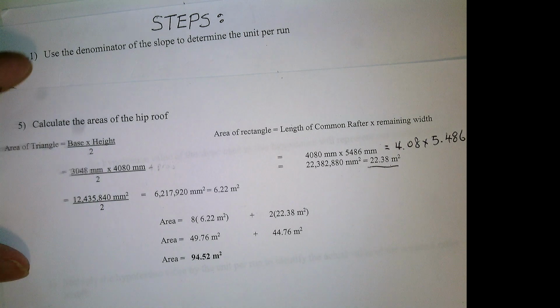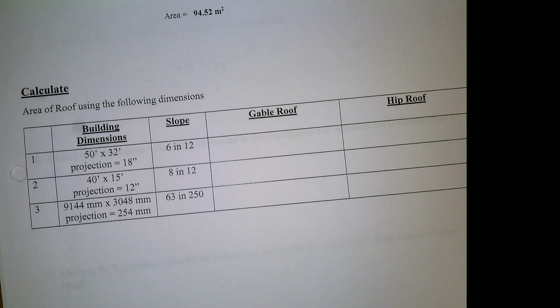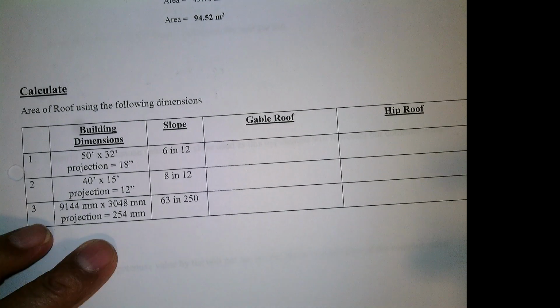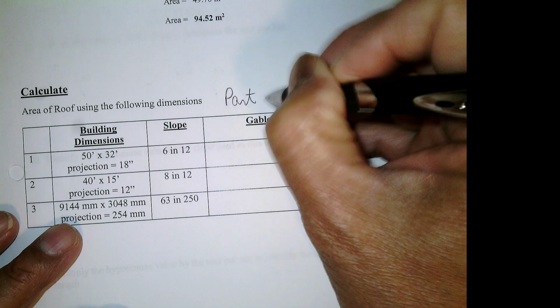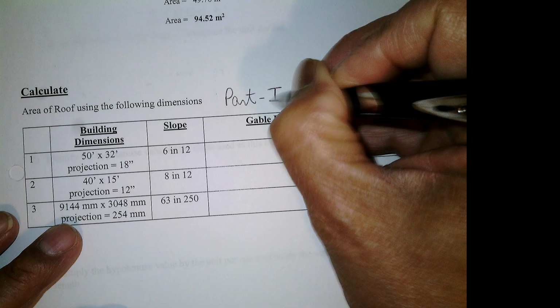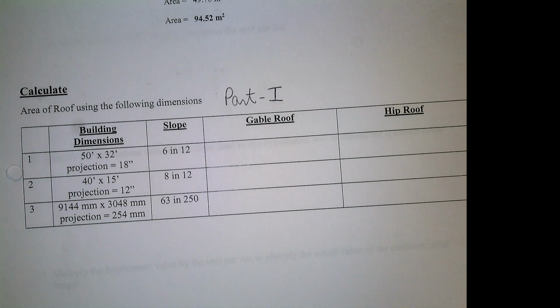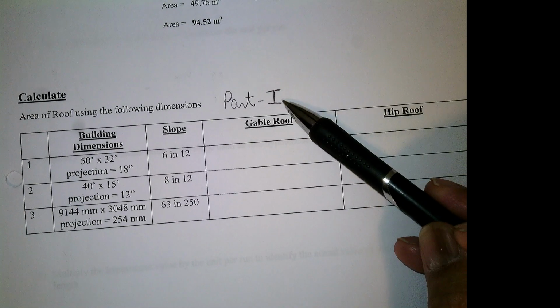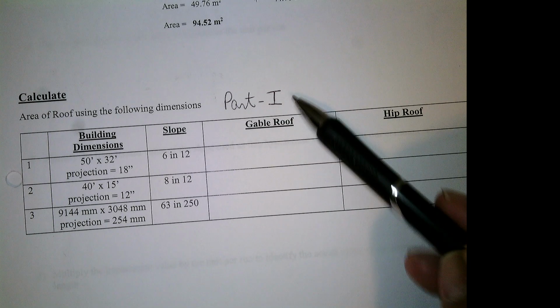So I sent you this assignment page last time. The gable roof is under part 1, only 3 questions. I ask you to follow the online lesson and examples, and the due date is, as a matter of fact, today.